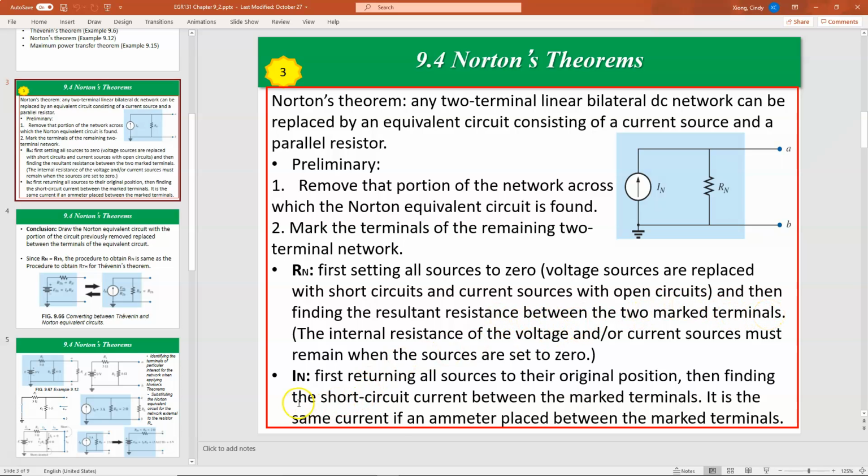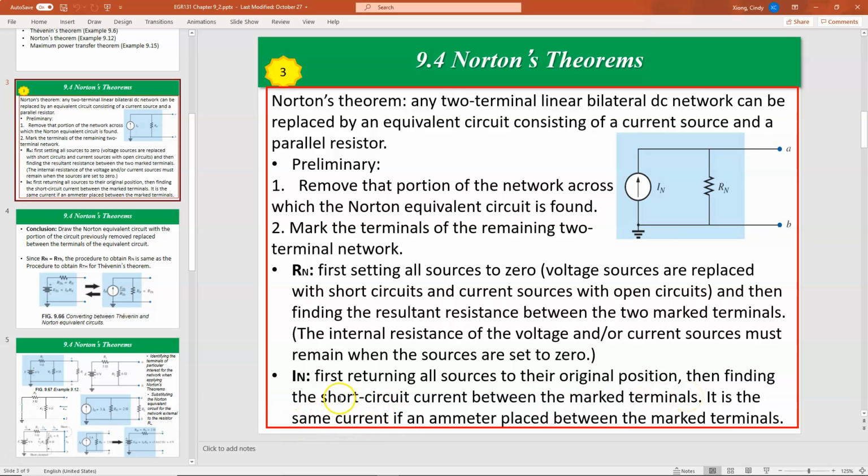Then how do we find In? We also call this In ISC, where SC means short circuit. First we return all the sources to their original positions, and then we find the short circuit current between the marked terminals.